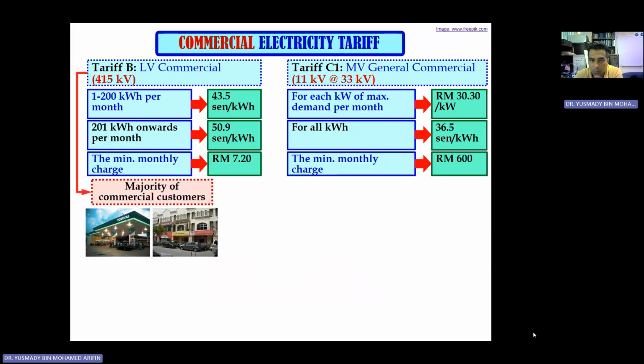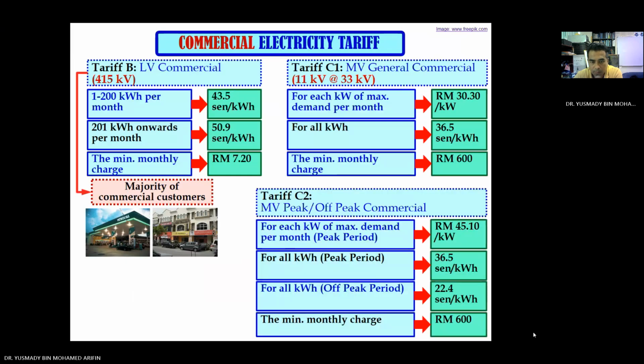For each kilowatt of maximum demand per month, the company needs to pay 30 ringgit 30 cent per kilowatt. For all kilowatt hours, the rate is 36.5 cent, and the minimum monthly charge under tariff C1 is 600.